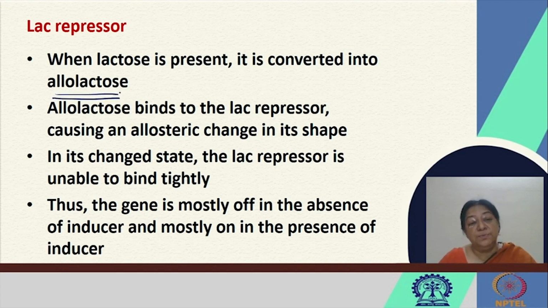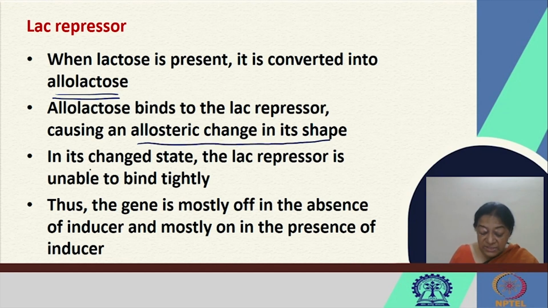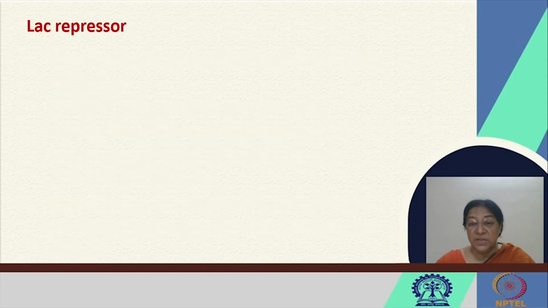Now, allolactose binds to the lac repressor in an allosteric fashion, and it causes an allosteric change in its shape. And in this changed state, the lac repressor is unable to bind tightly. So the gene is off and on depending upon the absence or presence of the inducer.